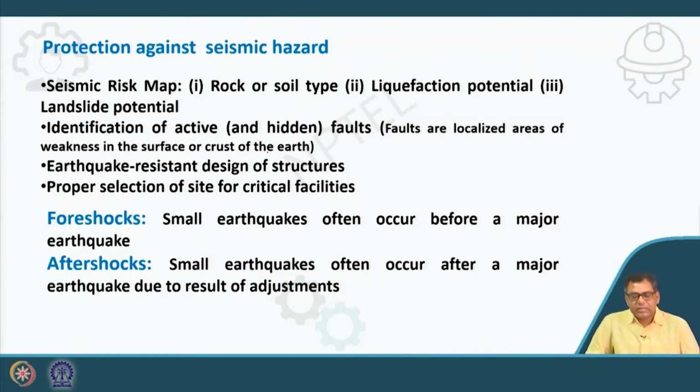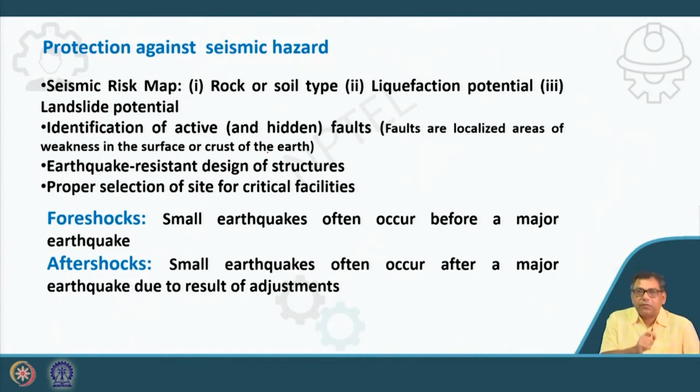Then the earthquake resistant design of the structure. As I mentioned, one step is definitely that we have to design the structures such that they are earthquake resistant. Then proper selection of the site for critical facilities. That means if you want to construct critical facilities like a dam or a nuclear power plant, we should place those facilities as far away from these faults as possible.